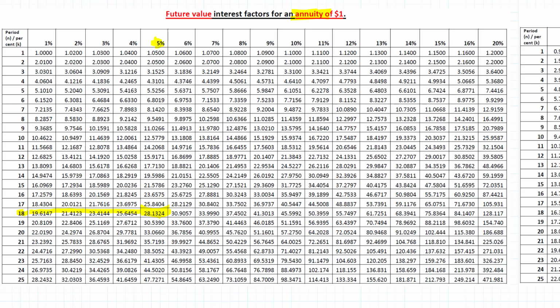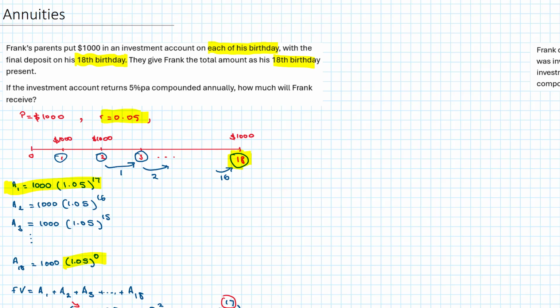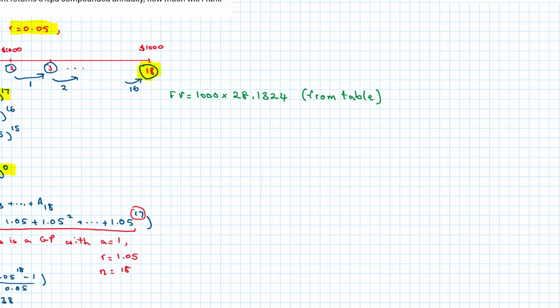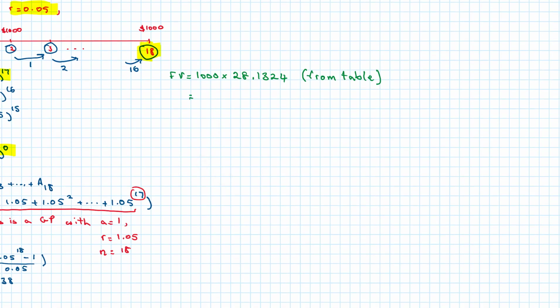So how do I set out my solution here? I write future value equals 1,000 times 28.1324 from table, and then I do that calculation.